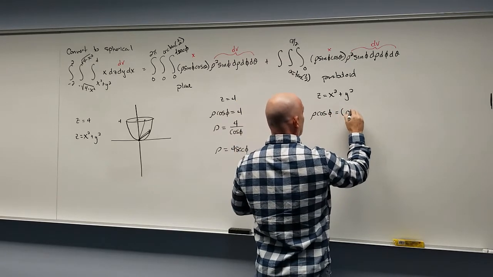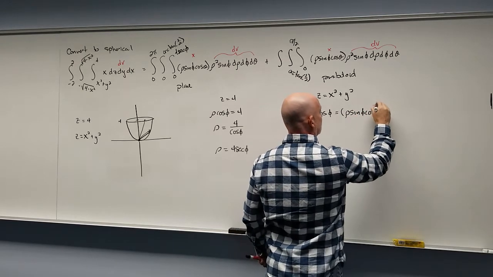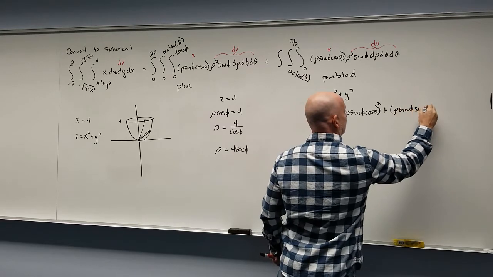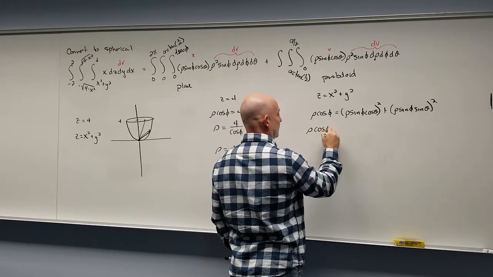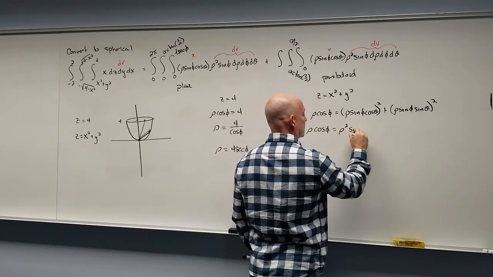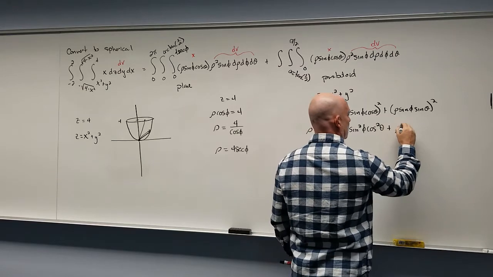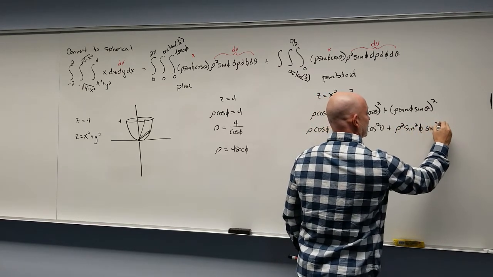X is rho sine phi cosine theta, squared, plus rho sine phi sine theta, squared. Let's clean this up a little bit. Rho cosine phi equals rho squared sine squared phi cosine squared theta plus rho squared sine squared phi sine squared theta.